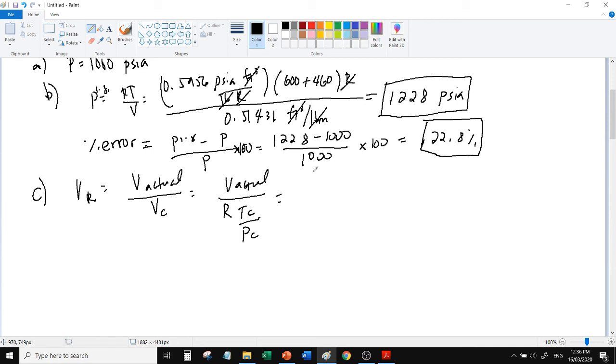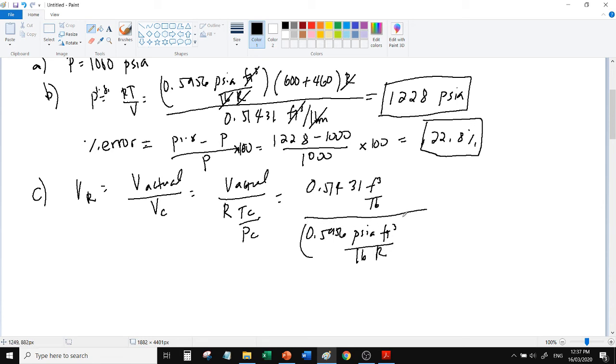So, let's substitute the values. The V actual is given, in feet cube per pound mass. Divided by the R, in PSIA feet cube per pound mass Rankine, times the critical temperature that is given, divided by the critical pressure that is given, in PSIA.